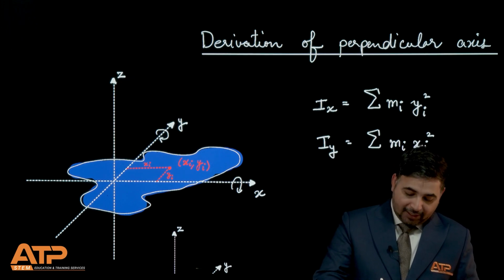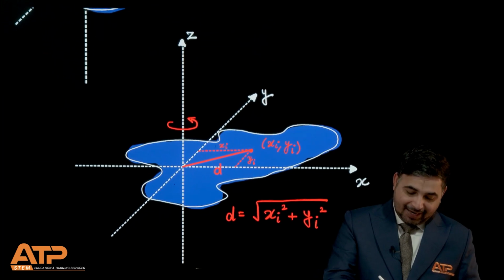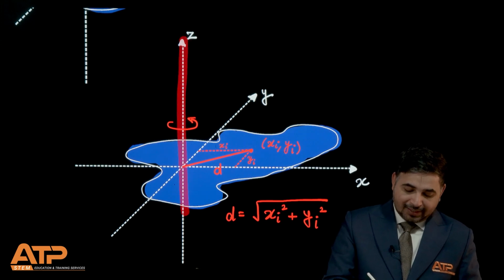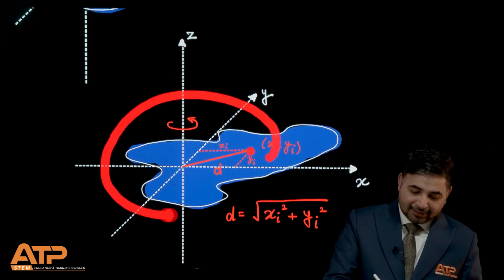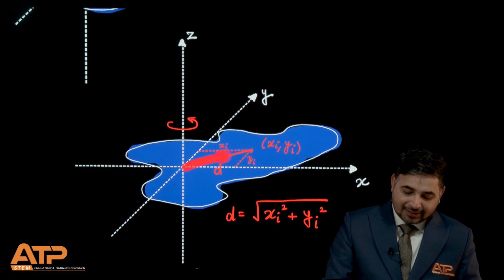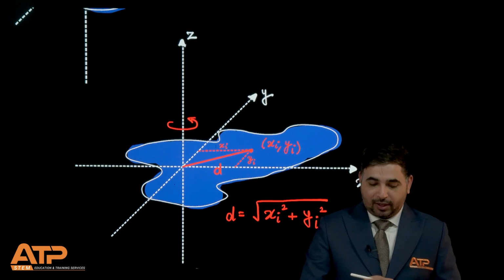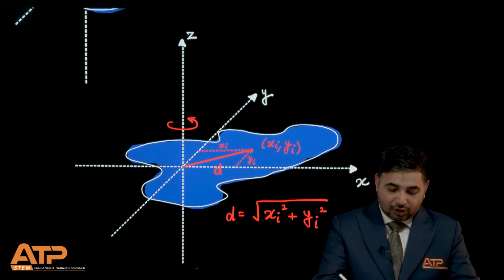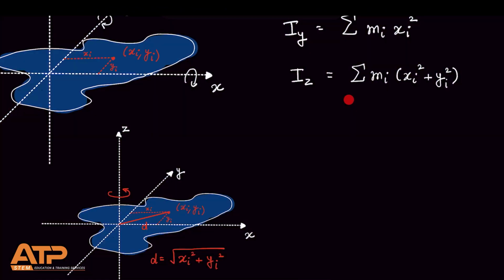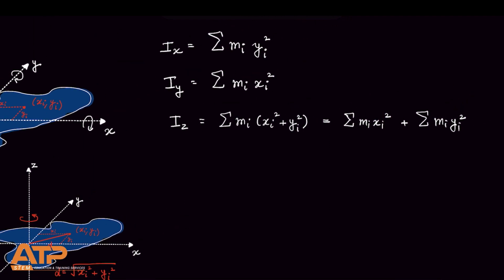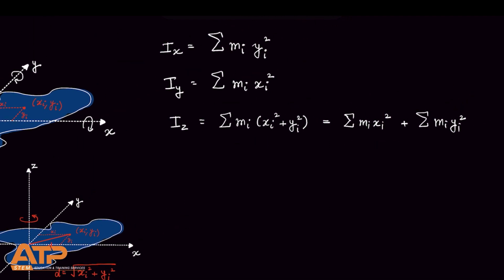If I have to take z-axis as my axis of rotation, then this point is going to rotate like this. So then this is the distance we need, which is root of xi square plus yi square. So while writing the expression for moment of inertia, it will be summation mi xi square plus yi square. And this expression, if we separate, is nothing but Iy plus Ix.